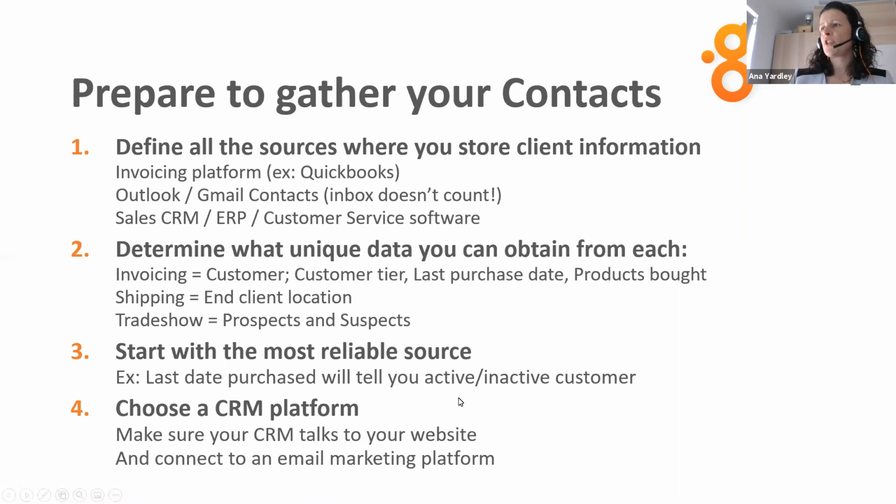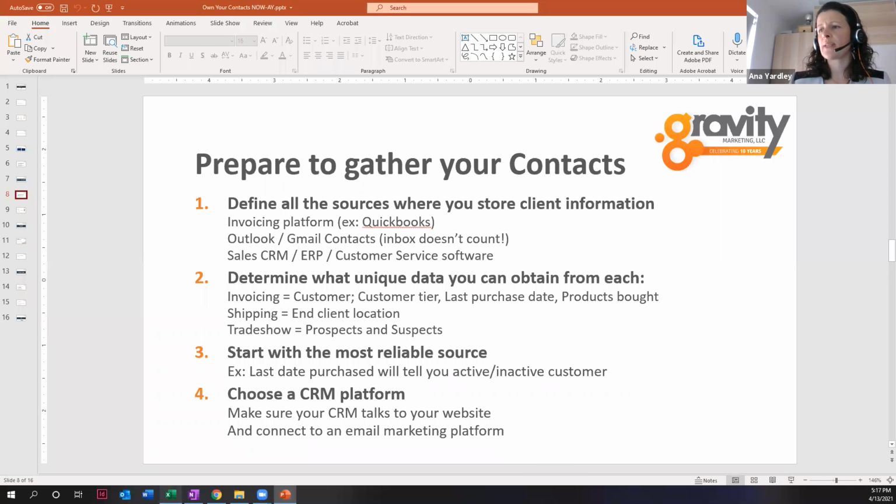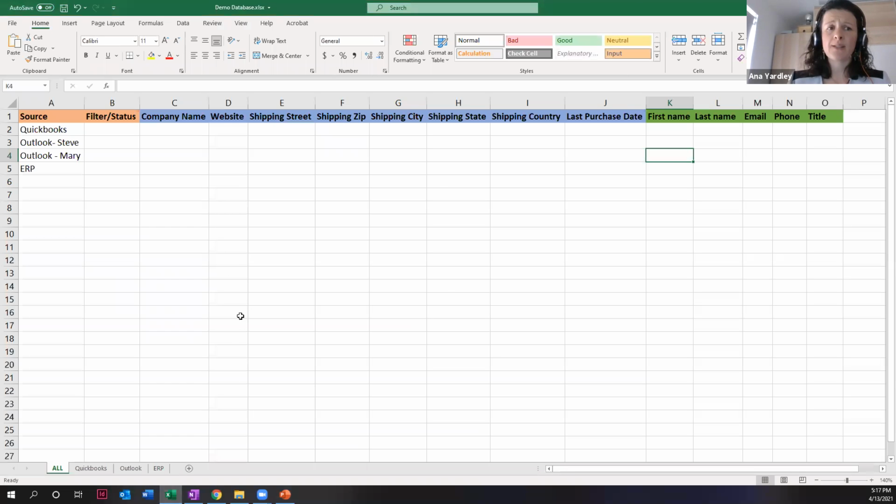A quick tip that I'll be sharing afterwards: when you're doing this process, I would advise you to start with something as simple as an Excel file, where you gather, on different sheets, all the sources of data that you brought your contacts from. Let's say it's QuickBooks or your invoicing, Outlook, an ERP system, and create what I call the "all" sheet, or what you want your database to be.